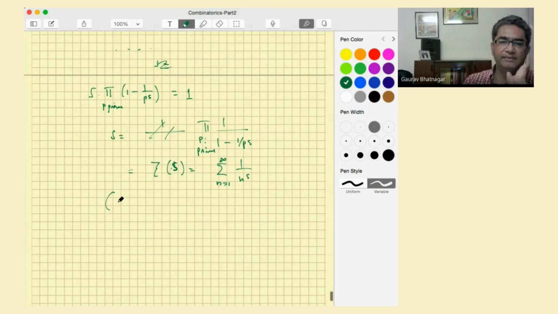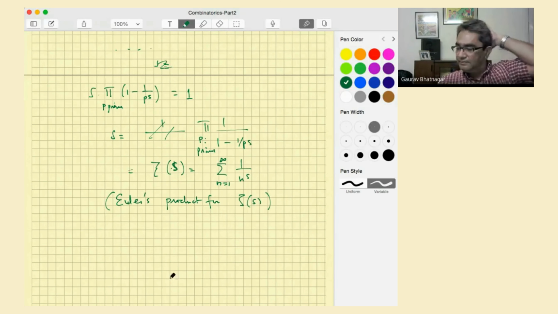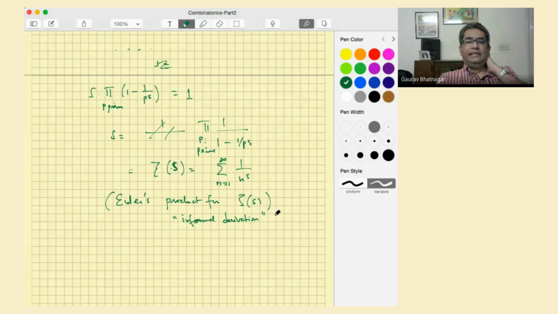So this is Euler's product for the zeta function. Okay, informal, I would say, informal derivation. It's not a proof.